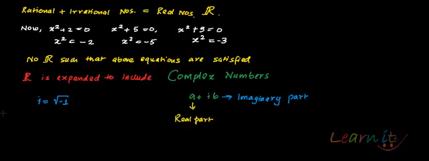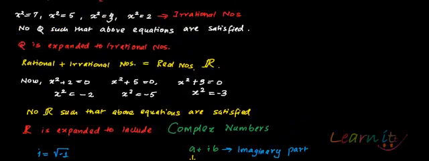Iota is the square root of negative 1. So this is the theory behind why we are studying complex numbers. We started with natural numbers, went to integers, rational numbers, then irrational numbers, then real numbers, and then to complex numbers.